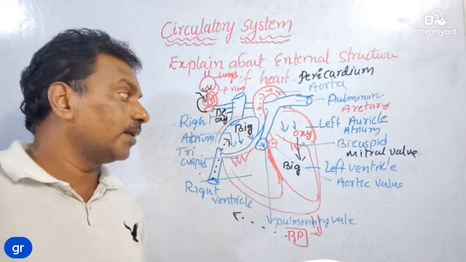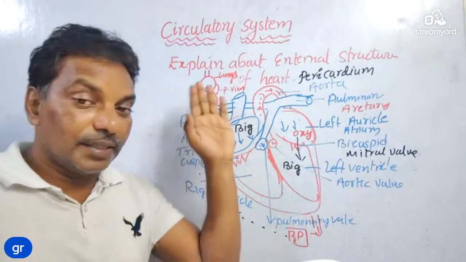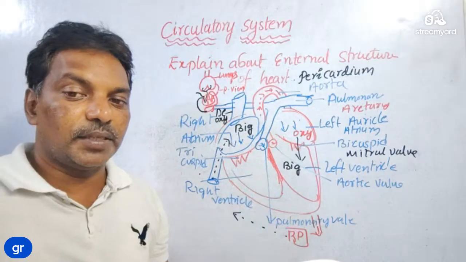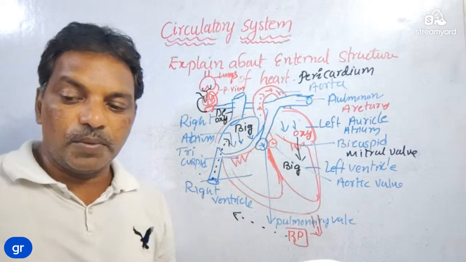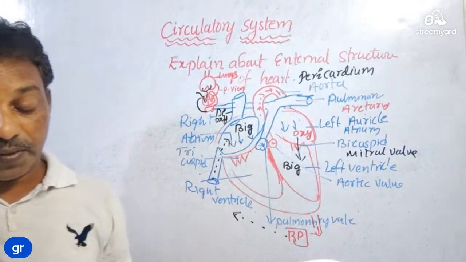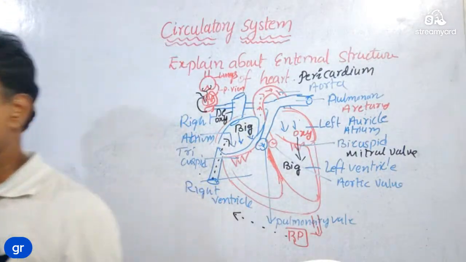So the previous one only explained the internal circuit. Now the question is to explain double circuit circulation. You can check this diagram. Then we are going to discuss types of blood vessels.